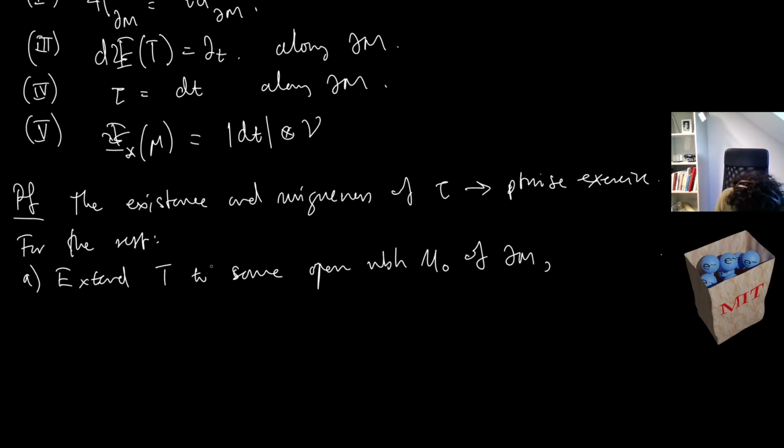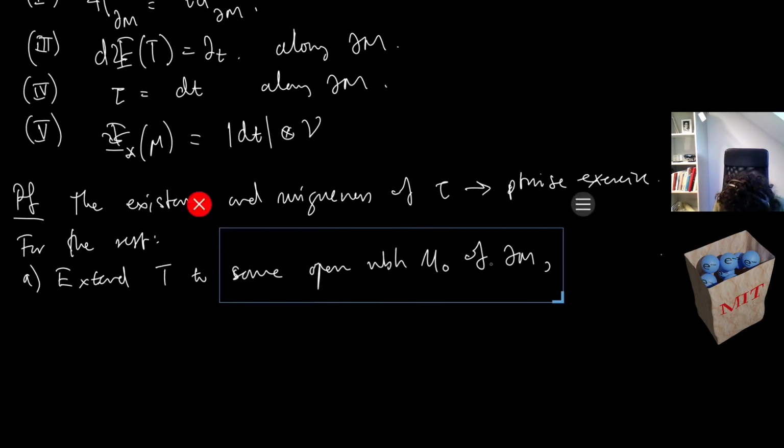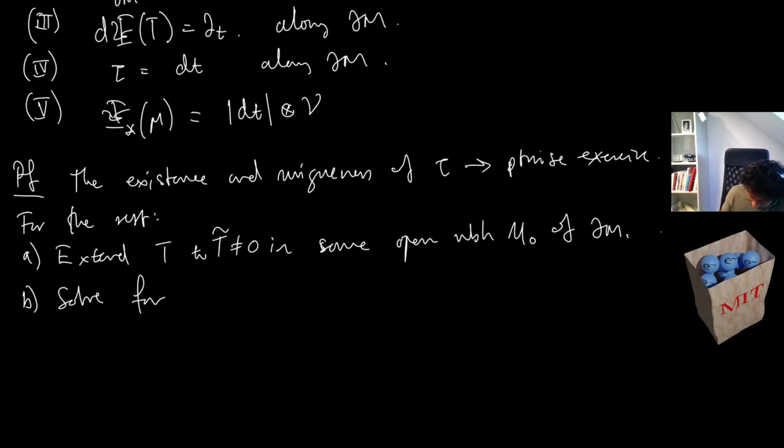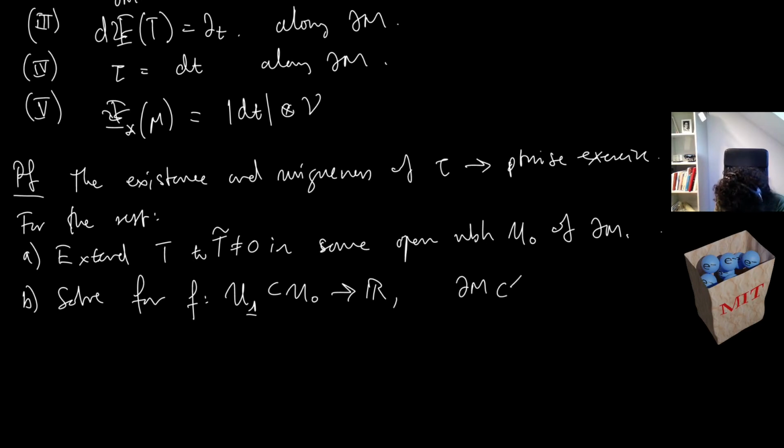I should reverse the order of this. Okay, to tau tilde non-zero in some open neighborhood. Now we are going to solve for a function f, possibly in a smaller neighborhood, into R, certainly still containing the boundary.